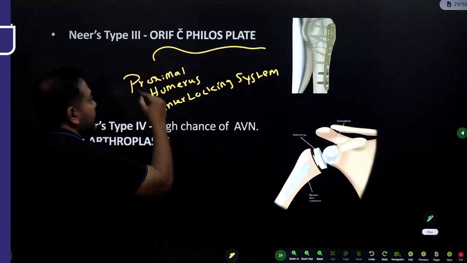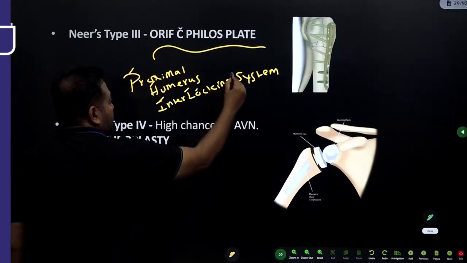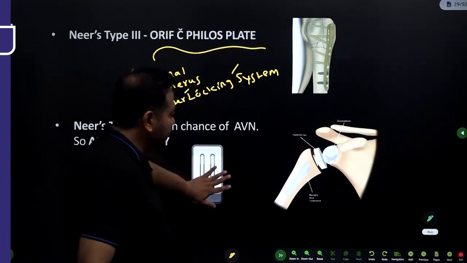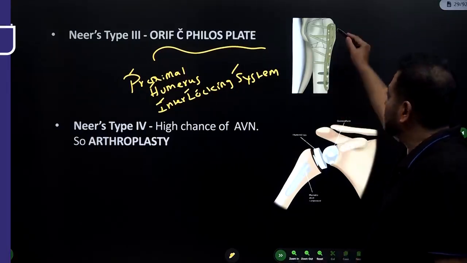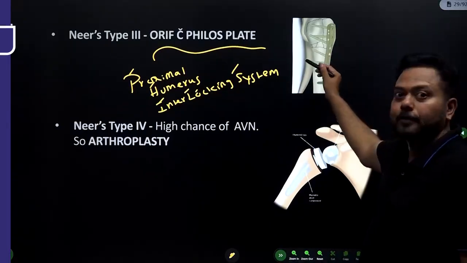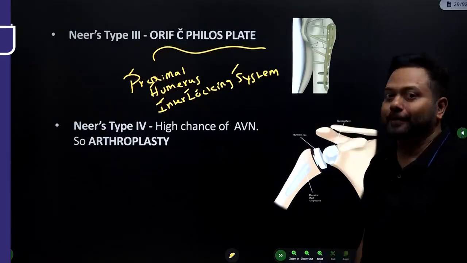Okay, all the first letters they have taken, P-H-I-L-O-S. So it's a plate, open reduction internal fixation. It's a special plate. Okay, so that is the treatment of choice for Neer's type 3.